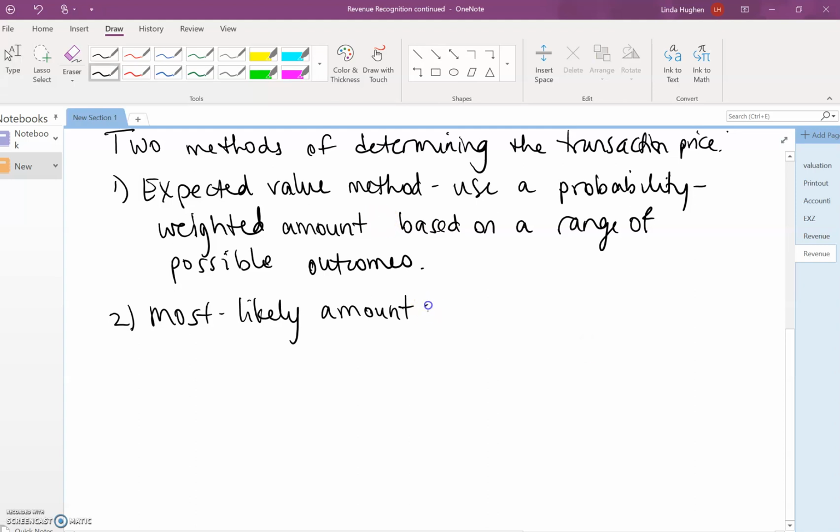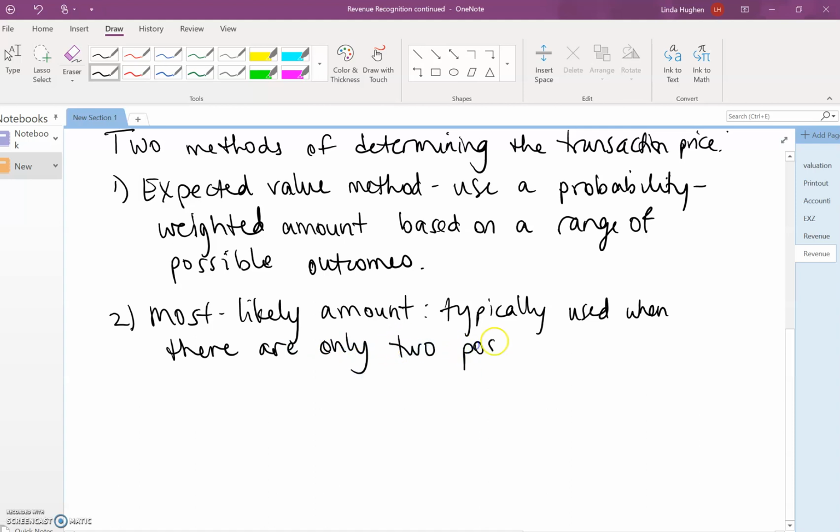For the most likely amount, we would say, well, there's a greater chance of getting the full 100. We would use the full 100. This is typically used when there are only 2 possible outcomes. We either win the contract or we don't win the contract.